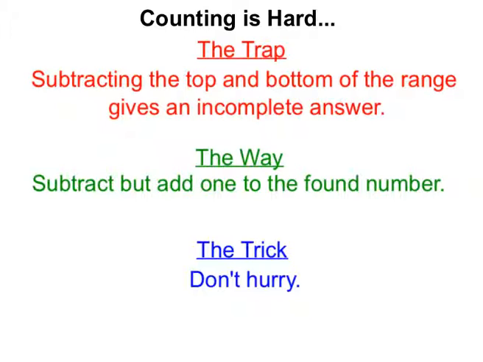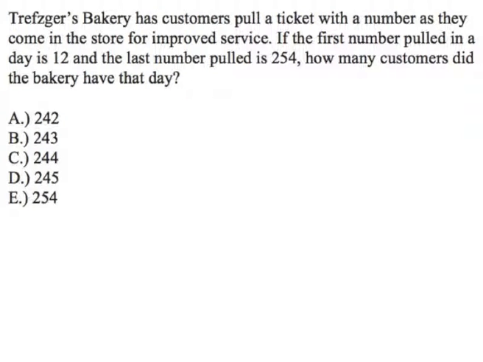So here's the idea. If you are subtracting the bottom and top of a range to try and find out how many objects there are, if they're numbered, between those two numbers, you need to add 1 to the number you get. And the trick here is not to hurry. It's pretty easy to lose track of what you're doing. So let's say we're at Trefzger's. I'm excited. We pull a ticket with a number on it when you come in the store so that they can serve you better. If the first number pulled in the day is 12 and the last is 254, how many customers did they have that day?